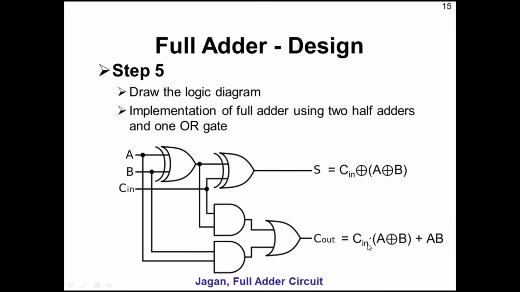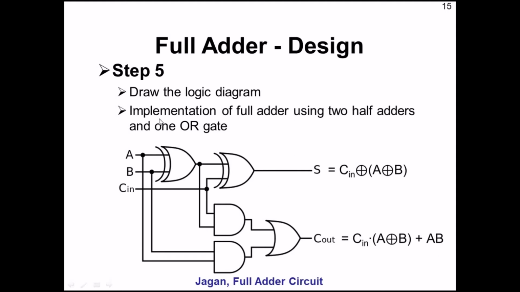Then I have A XOR B, that is the output from the first half adder. I take this as my input to the second half adder. Then the other input is Cn, which I pass to the AND gate. Finally, I add both using an OR gate. So I will get C out equal to Cn into A XOR B plus AB.